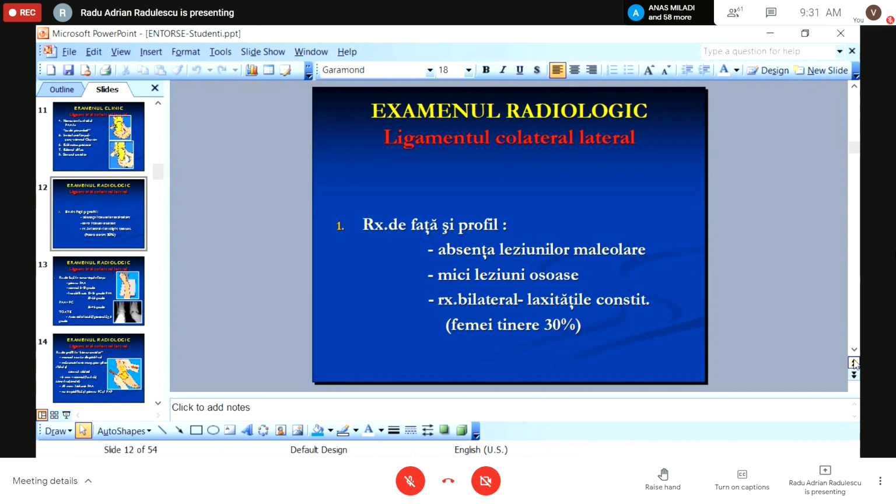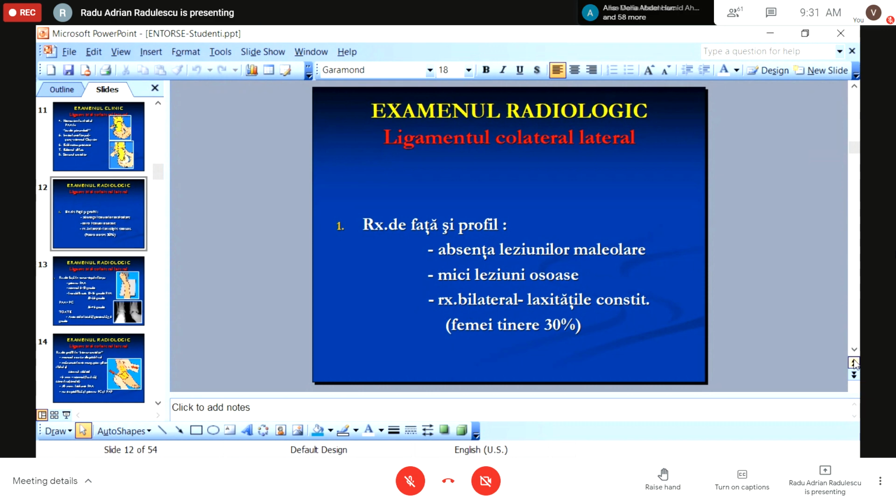And of course, this small fragment may be detected on the X-ray. This is also very important because it may change the treatment completely. And finally, there are situations with persons, I told you about young women, who have very lax joints due to the physiological laxity of their ligaments.